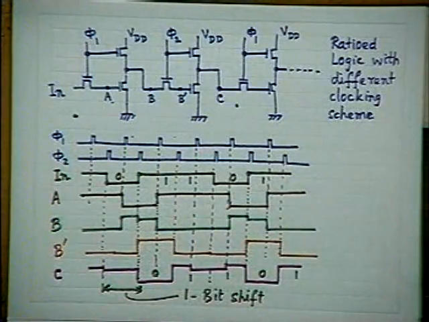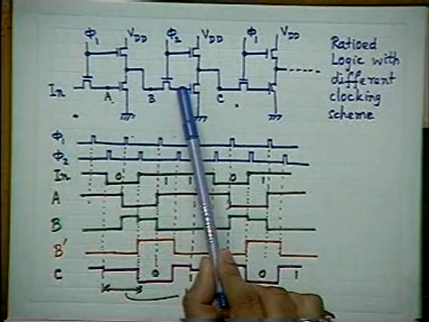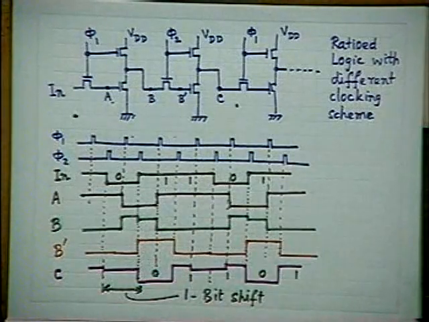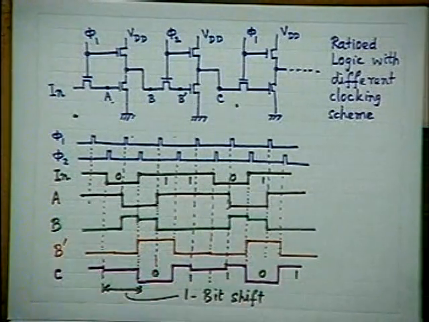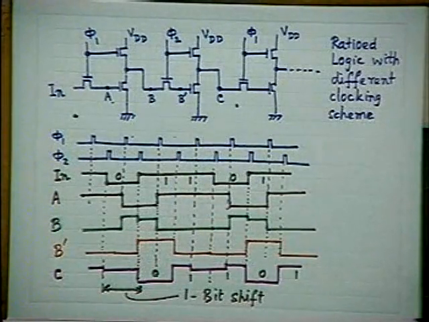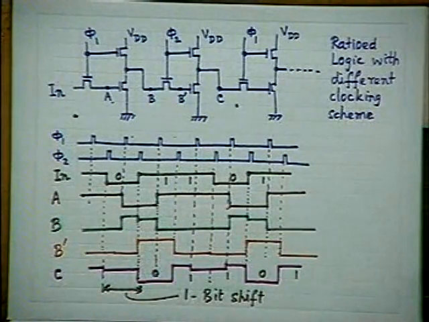You have to allow sufficient time so that the potential is built up properly. That means steady state is achieved at the respective nodes. That means charging is completed. Otherwise, you will get less swing.